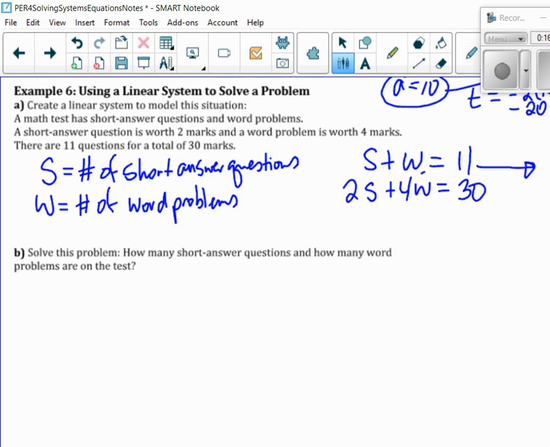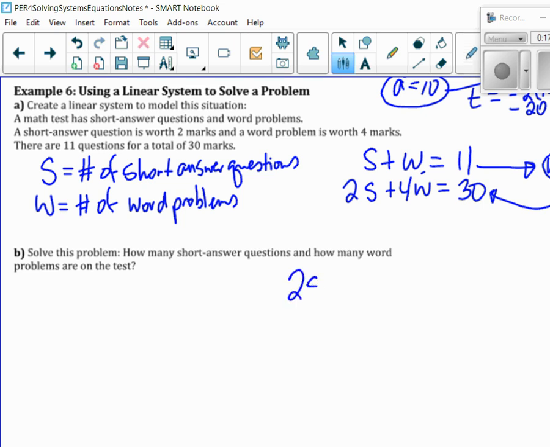Liam, do you want to help? Did you do W or S? It doesn't really matter. You solved for W, so W equals negative S plus 11. Okay, thank you. I'm going to circle that. You could also do S equals negative W plus 11. It doesn't matter.